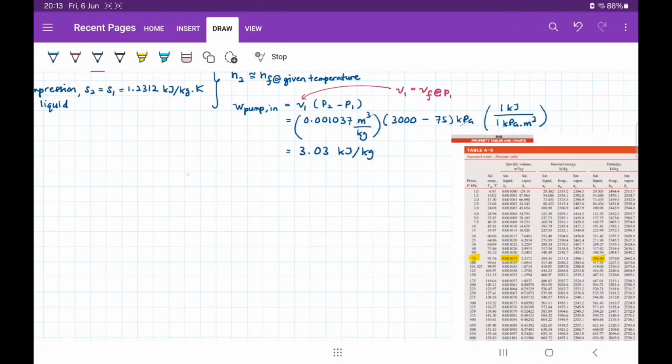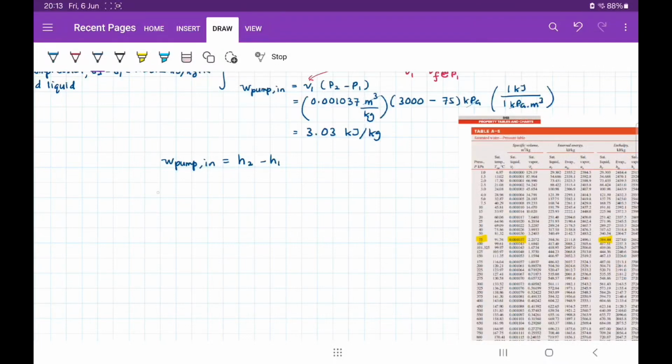W pump in is equivalent to H2 minus H1, so H2 is equal to W pump in plus H1.